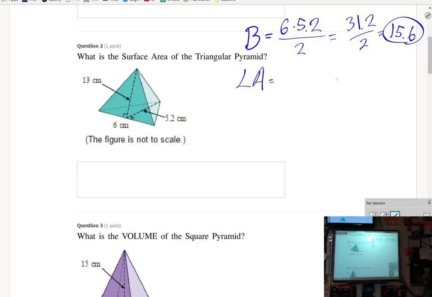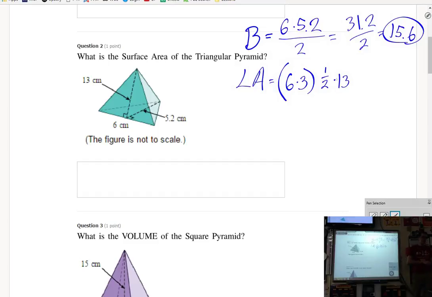But we don't necessarily know our Pythagorean yet. If you're not given enough information, you could have come to ask me, but this is an equilateral triangular base. So if I want to talk about perimeter, that's going to be 6 times 3. Then a half has to be incorporated because they're all triangles, and then times the slant height of 13.